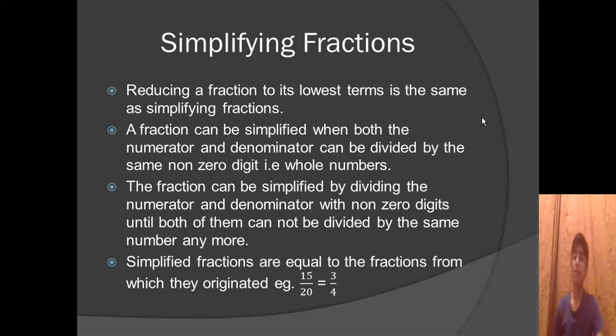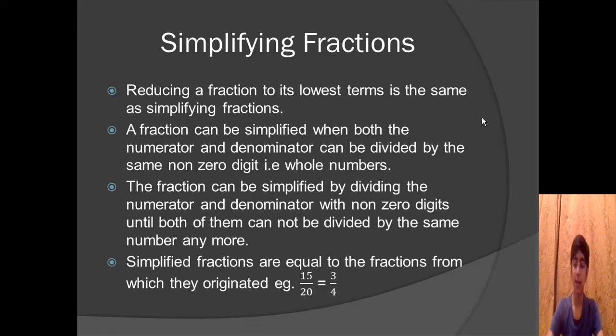Next, what is the extent of the simplification of fractions? A fraction can be simplified until both the numerator and denominator can no longer be divided by the same whole number.